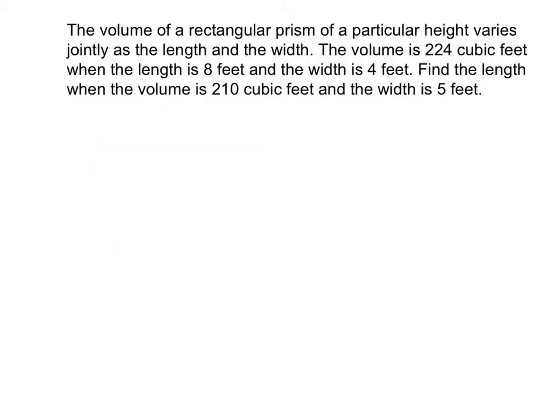Now let's look at the volume of a rectangular prism. This is something you should be familiar with. The volume of a rectangular prism varies jointly as the length and the width. So if we recall, joint means it varies directly as two things. So in this case, volume equals k times length and width.